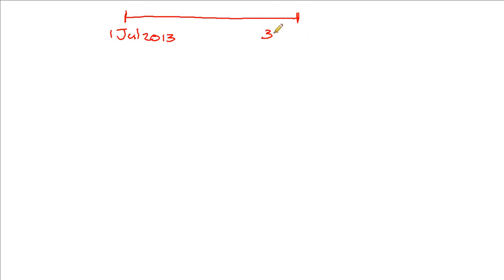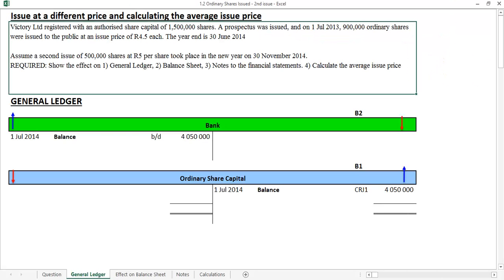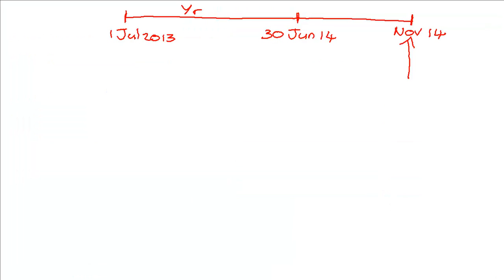And then on 30 June 2014, that was when the year end was. So this was the first year. And then in the second year, we had this additional issue in November 2014. So this is the issue that we are talking about now. Good. So that's why we've got this opening balance on 1 July 2014, which is going to be there. Good.